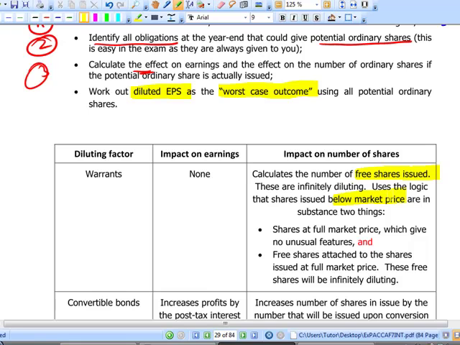So with the money which I'm cashing from the management who are buying the new shares, okay, I divide this by the full market price, and that will give me the number of shares that do not have any dilutive effect on our results. And the rest will be treated as free shares, and therefore will have a dilutive effect, which is indefinite, as the standard says.